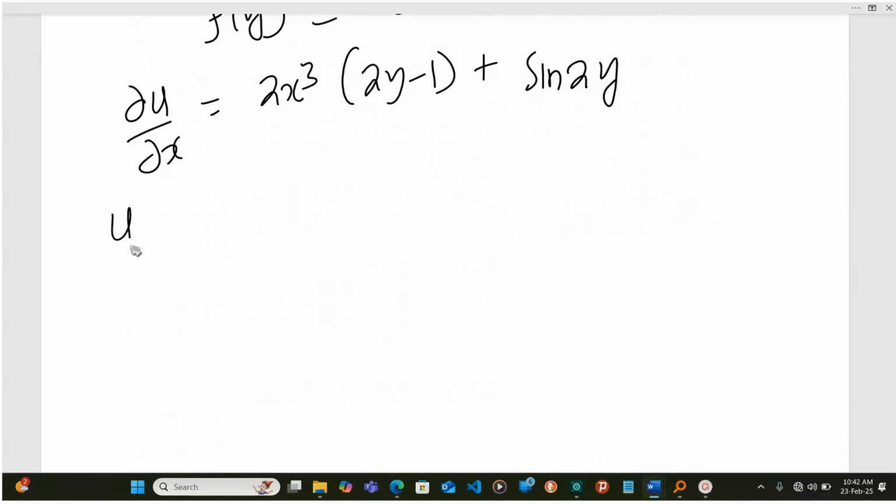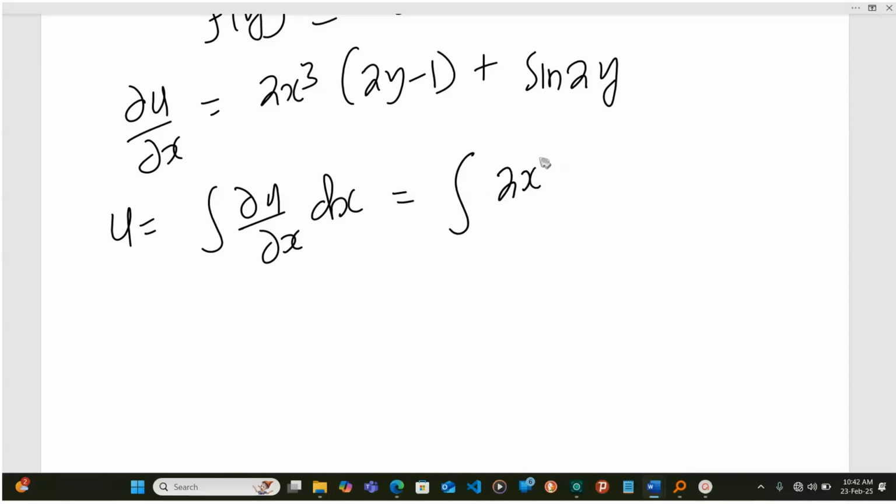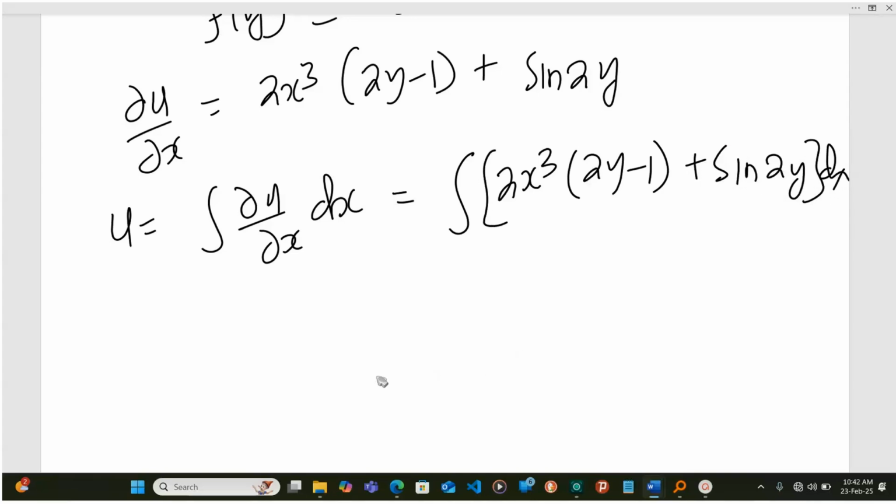So now u will be integrating del u del x with respect to x, and this becomes integrating 2x cubed (2y minus 1) plus sine 2y with respect to x. So u will equal 2x to the power 4 divided by 4 into (2y minus 1).